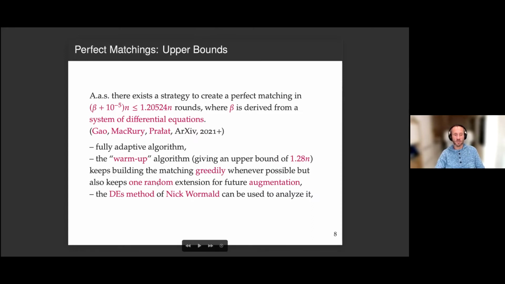And there is a nice method developed by Nick Wormald, which allows us to analyze these kinds of random variables. So if you haven't seen that, I strongly encourage you to look at this. This is a fantastic tool and super exciting.